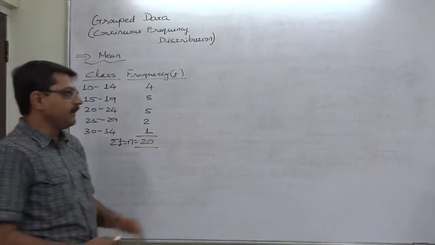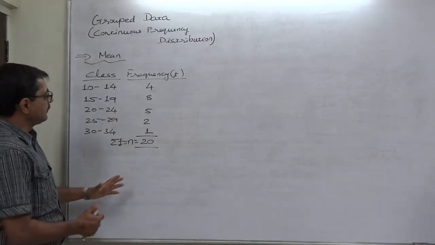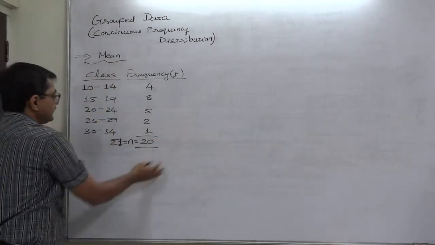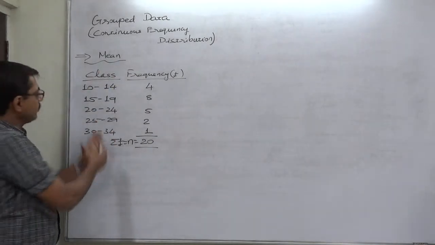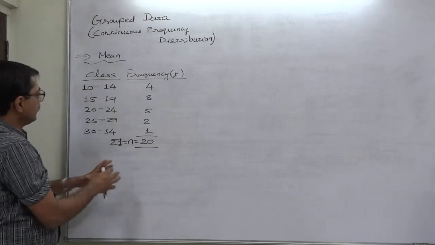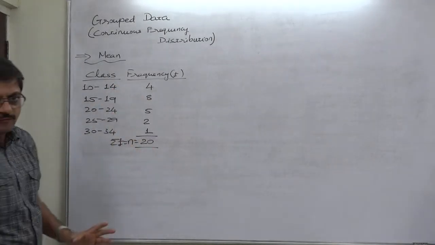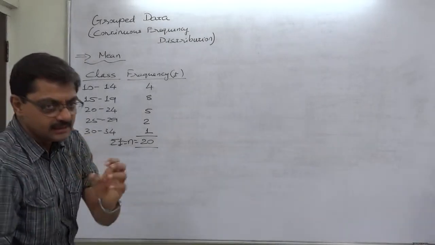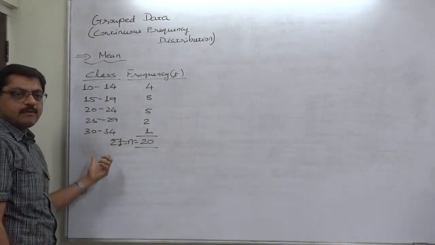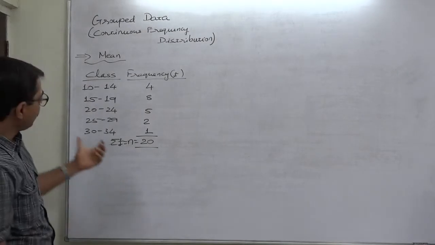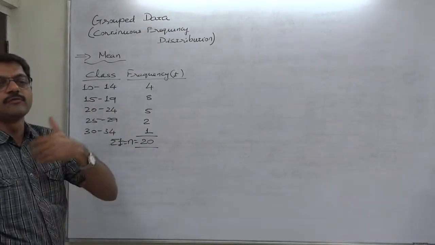First of all, we cannot calculate the mean of this data in this form, because in case of a class interval, with which value we have to multiply the frequency? So first of all, there must be some representative value of each and every class interval. For that purpose, we will use the concept of mean.